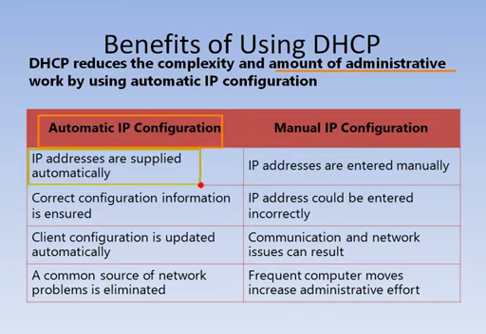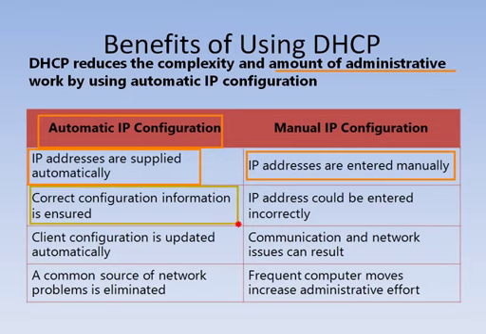No need to keep moving around different devices, computers, printers to set up the IP address manually. But in manual, the administrator has to keep moving from one machine to another to set up the static IP address.